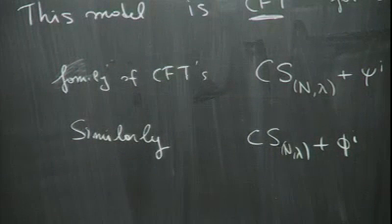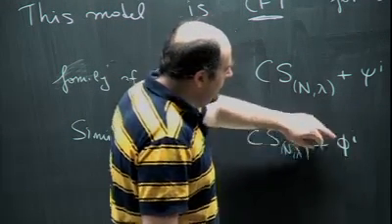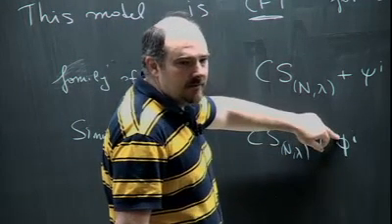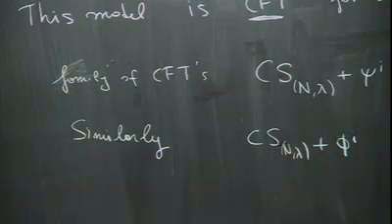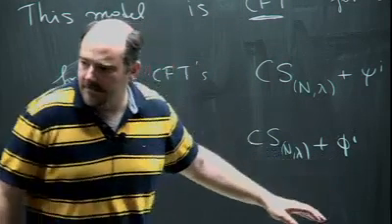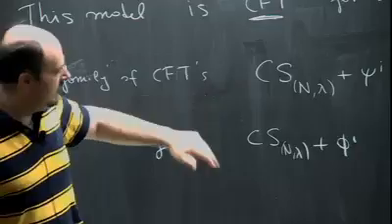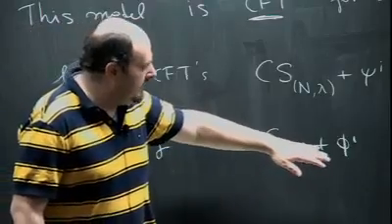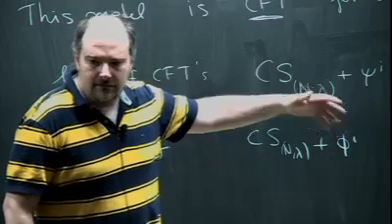I'm not writing the action explicitly, it's the usual action. In this case, there is a complication that there is one marginal term that we can write down with scalars in 3 dimensions, which is a phi to the 6 coupling. So I don't have time to go into the details, but what happens is that that coupling is exactly marginal in the Lagrangian limit. And if you go a little bit away from the strict Lagrangian limit, you can find that the beta function for that coupling can be solved and relates this coupling to lambda.